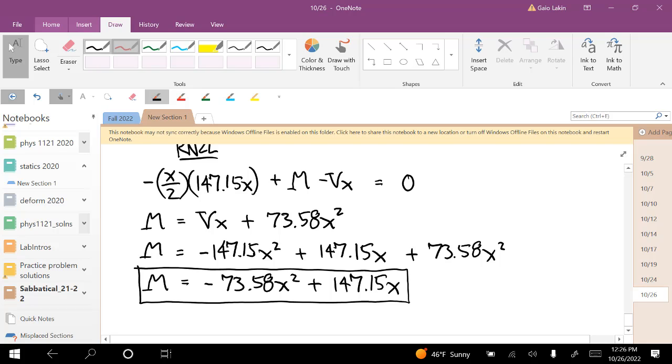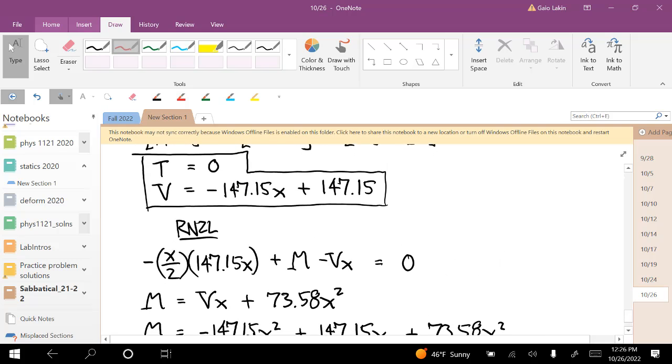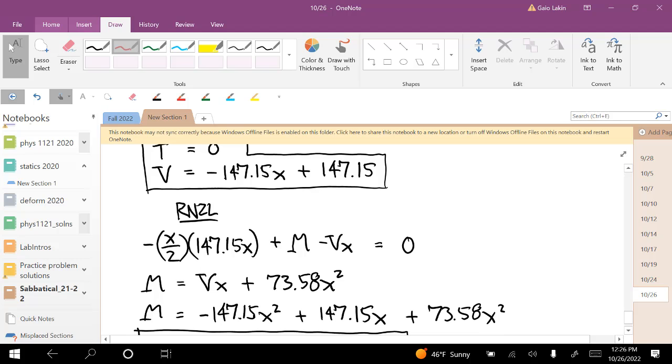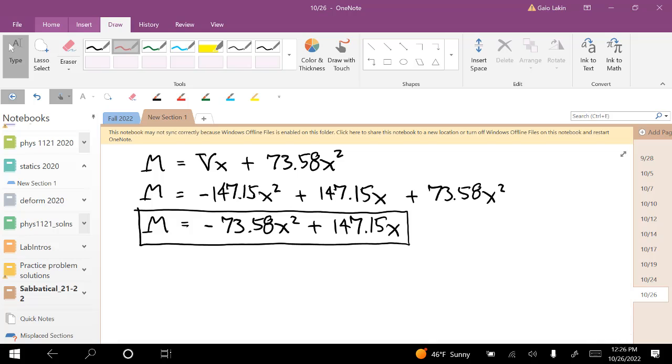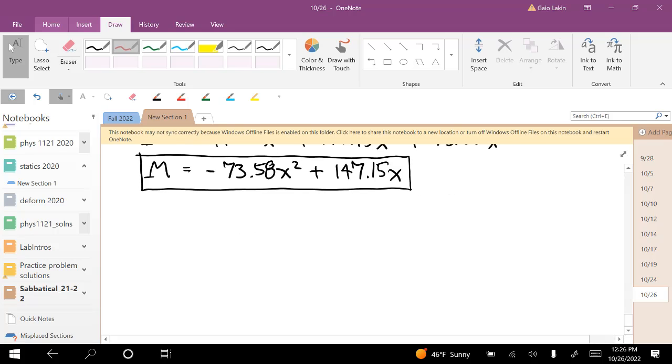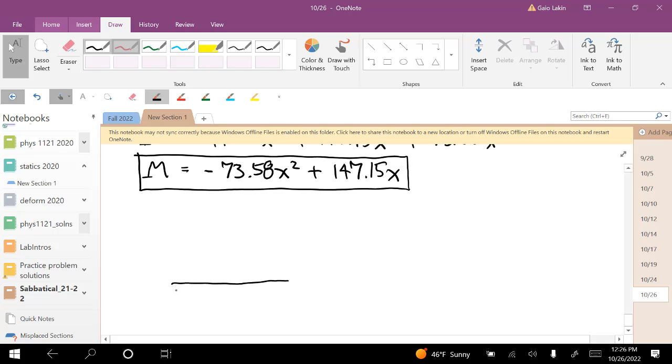So what does that look like? T, we don't really have to plot. That's just 0 the whole way. What about the shear force?